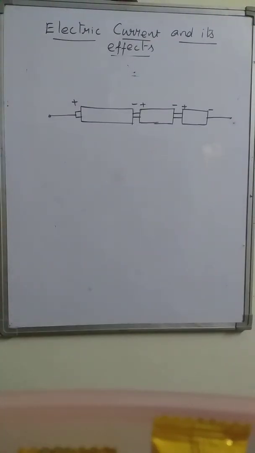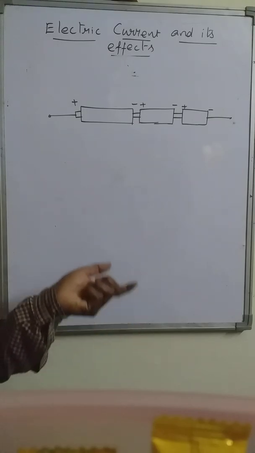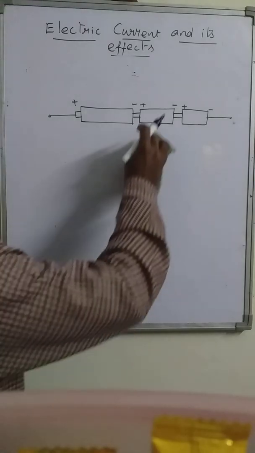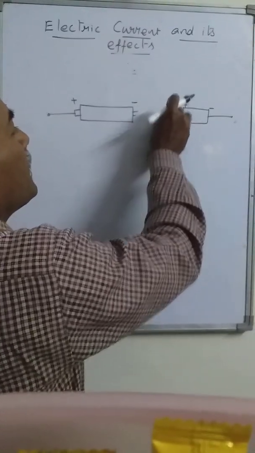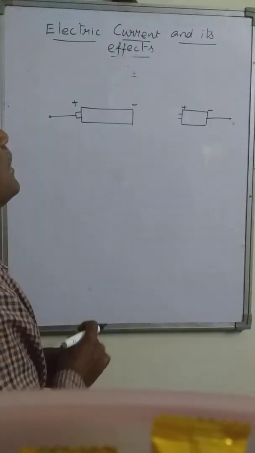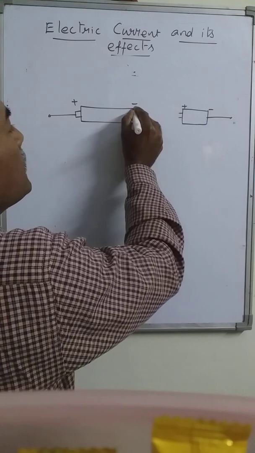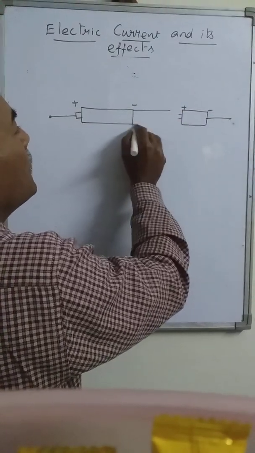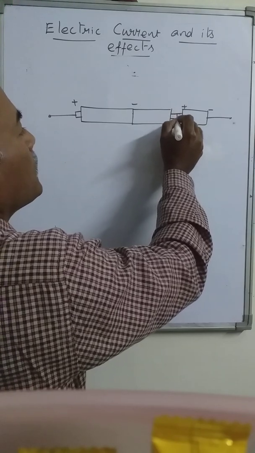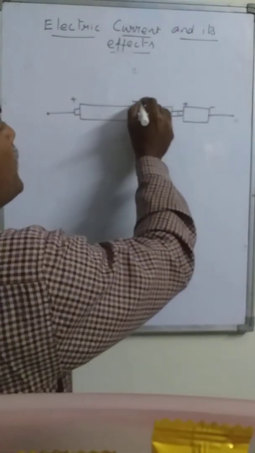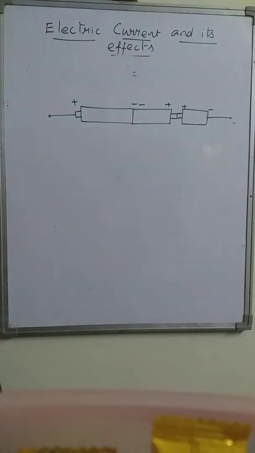By chance, if any of the cells is connected in the reverse order, then what will happen? Suppose here we are connecting the cells, and the negative of the second cell is joined. Here positive, right? So negative, positive.